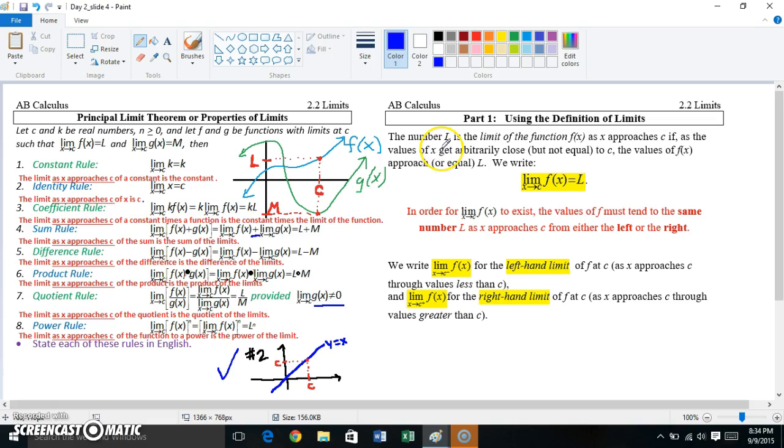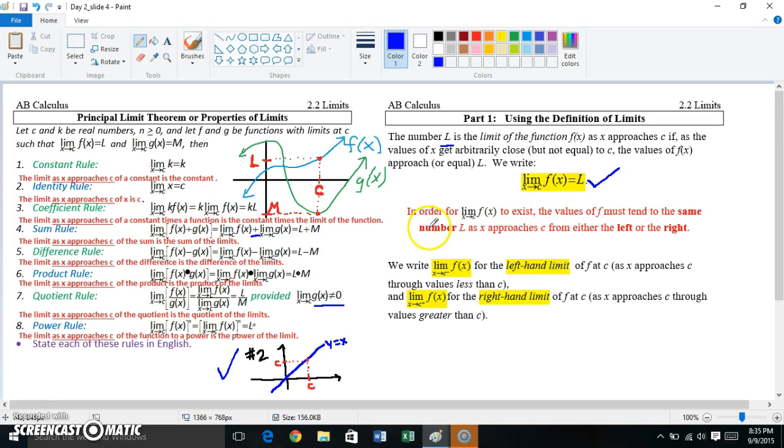So the number L we're going to use as the limit of a function f of x as x approaches c. Here's the notation we're going to use. It's the limit of the function f of x as x approaches c is that y value L. We care about x getting arbitrarily close to c, but we don't care about x being equal to c.